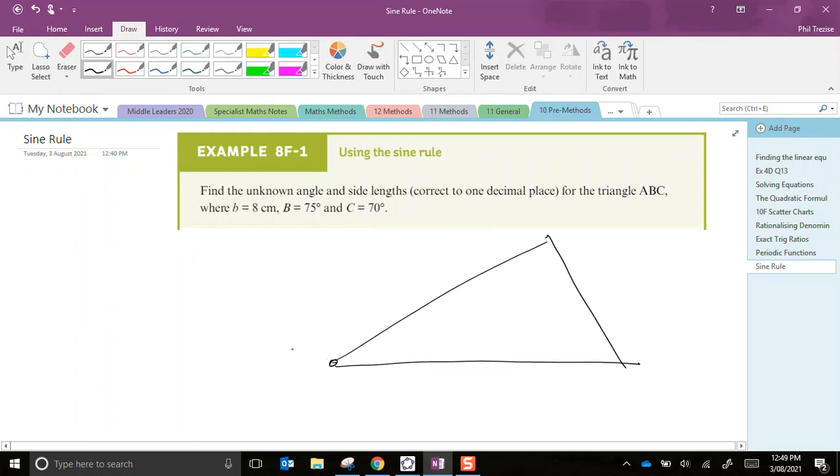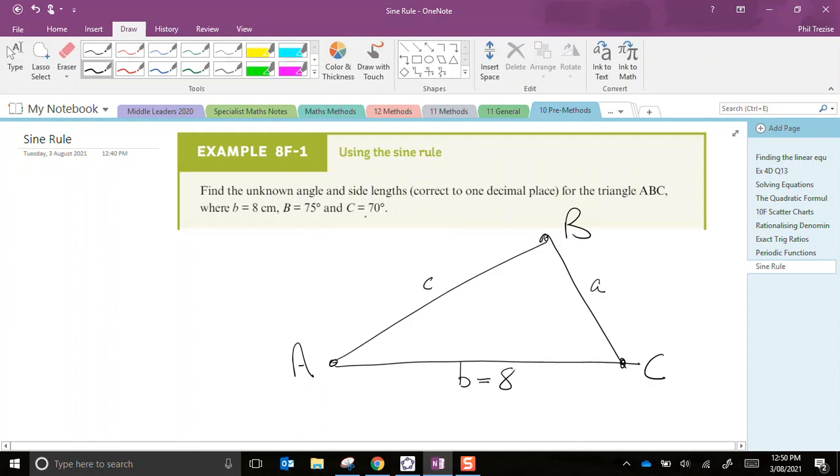And I will label capital A, B, C for the vertices, and then remember lowercase a will be opposite. We don't have a side for that, so that's unknown. Lowercase b will be the side opposite point B, and that's equal to 8. I don't have a value for lowercase c.